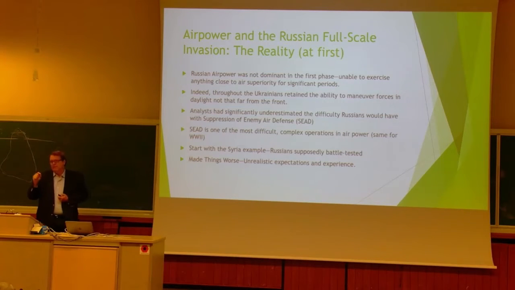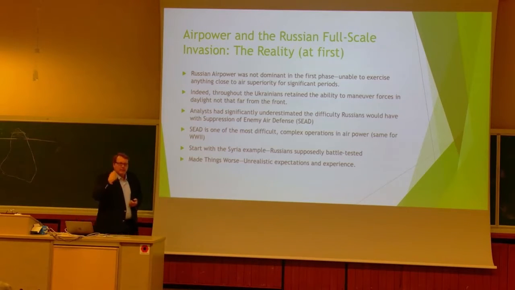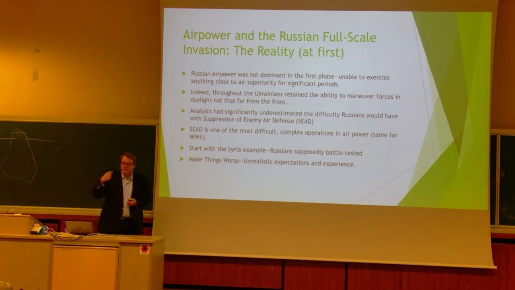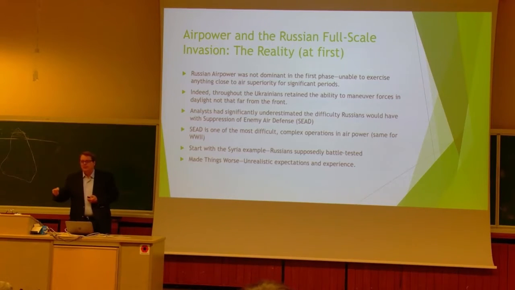In the Second World War, it's extremely important that when we look at the bombing of Germany, which struggles in '43 and becomes quite devastating in '44, the difference between '43 and '44 is SEAD. In '43, you cannot suppress enemy air defenses, so the bombers are often flying unescorted over German cities.